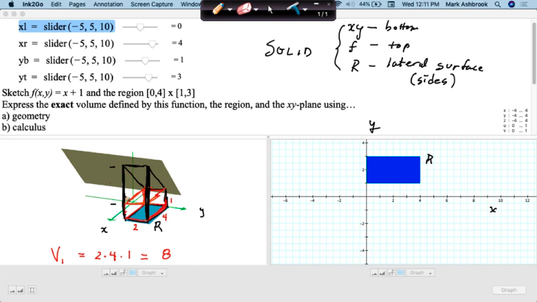This is 5 and 1, right? So this is 4 and 2. So V2 is 4 times 2 times 4 again, times 1/2. Did you get 24? If you got 24, you did it right.